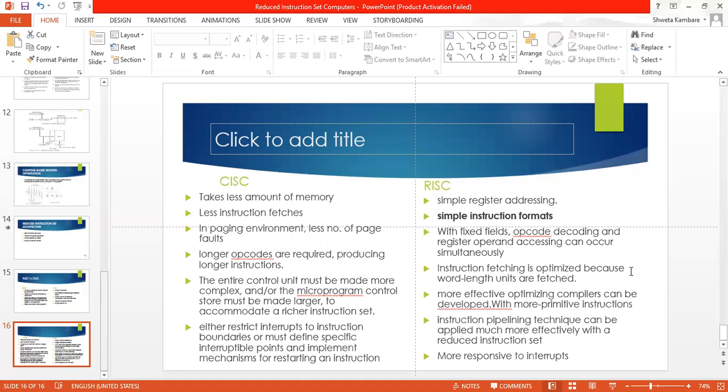So some CISC architectures today make use of some RISC features, and some RISC computers today make use of CISC features. So all of today's computers combine the features of both of these instruction set computers.